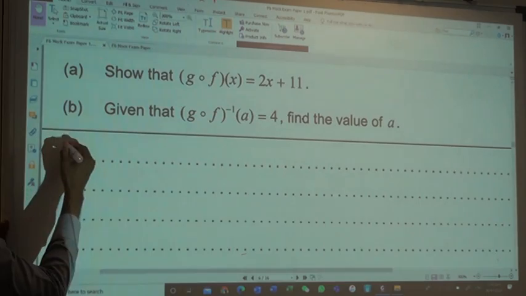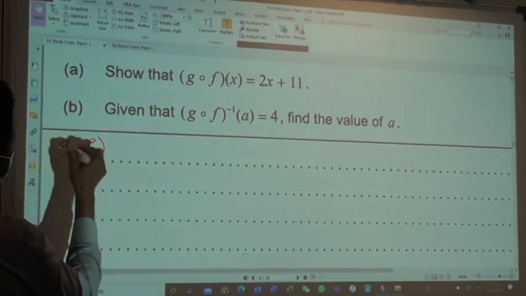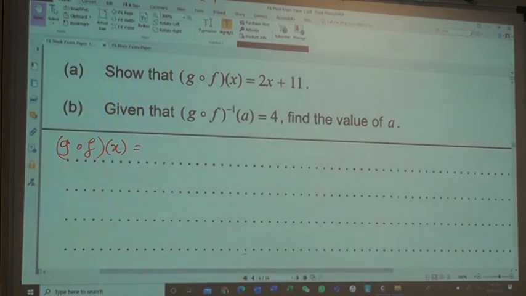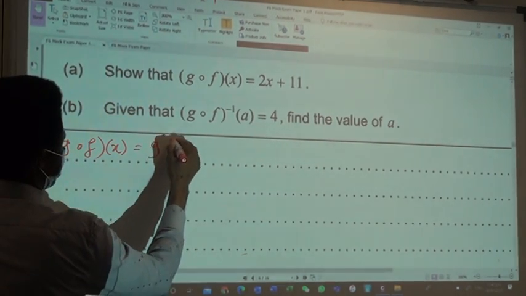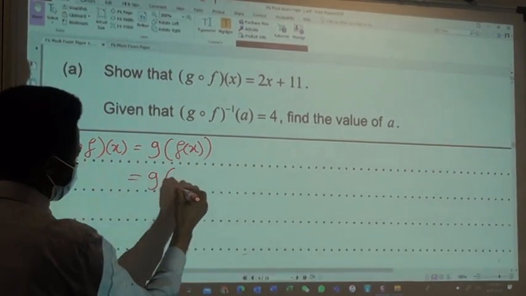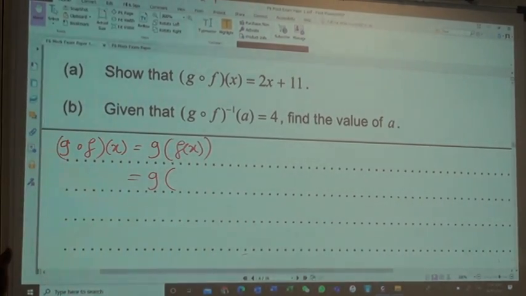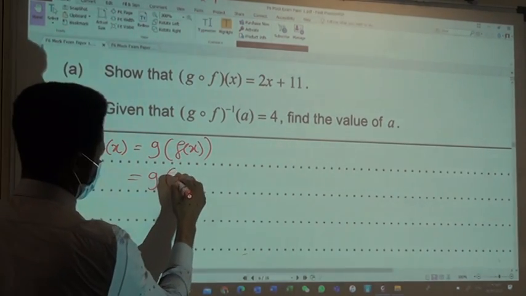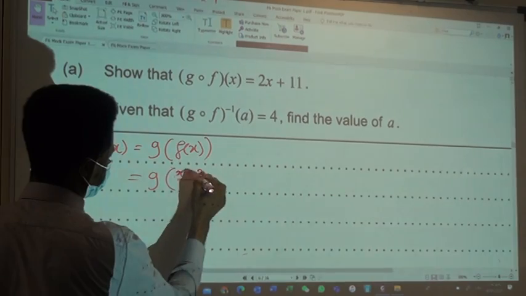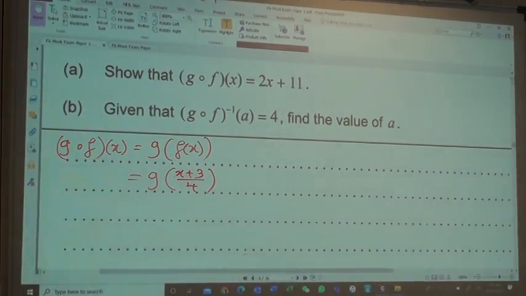What is G? G composed with f of x is equal to one thing most of you fail to write. I saw G bracket f of x. I expect to see G bracket, what is f of x? x plus 3 all over 4. I expect to see this.